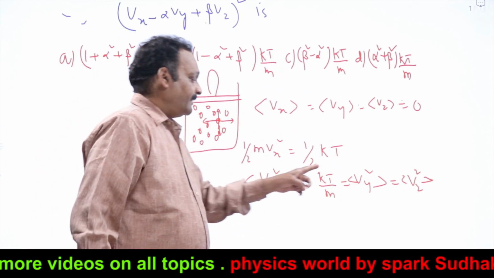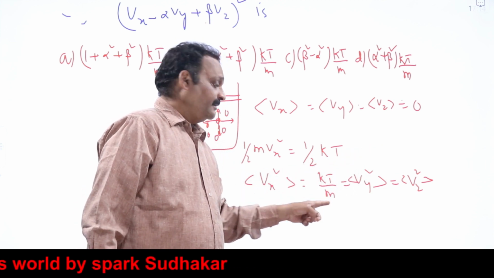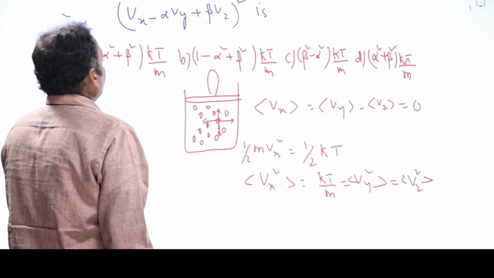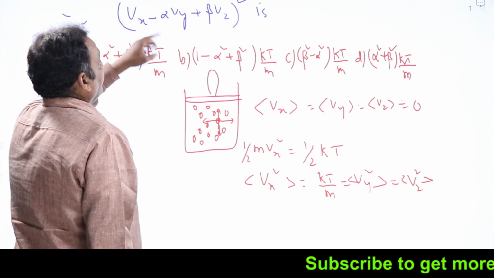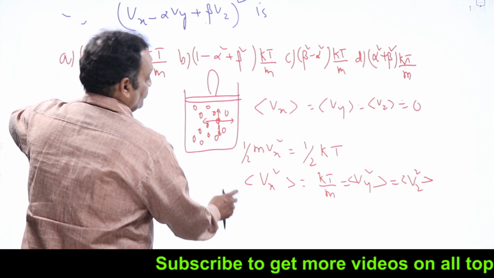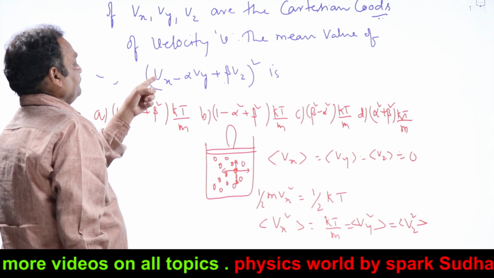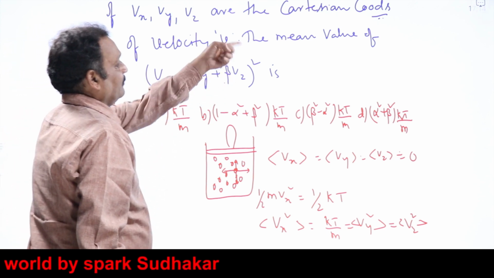So the averages of Vx square, Vy square and Vz square are all equal to kT by m. Now, what is he asking? The mean value, that is the average value, of (Vx minus alpha Vy plus beta Vz) whole square.